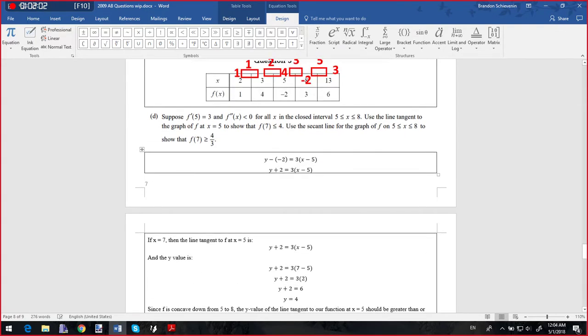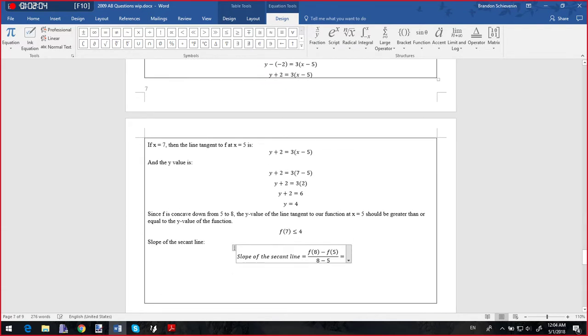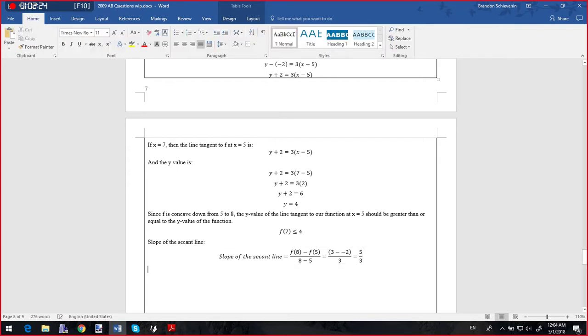So f at 8 was 3, f at 5 was negative 2. So this is 3 minus negative 2 over 3, which is 5/3. So I've got the slope of my secant line and I've got the point.